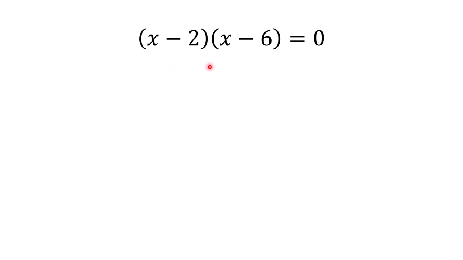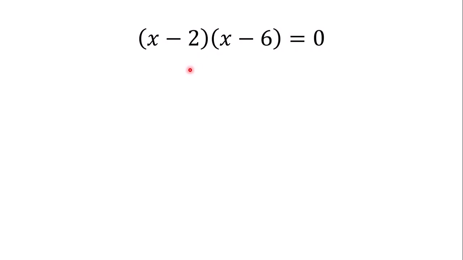All right, so after factorizing, this is what we have gotten at the end of the day: x minus 2 into bracket x minus 6, and all is equal to 0. Now what is the value of x?